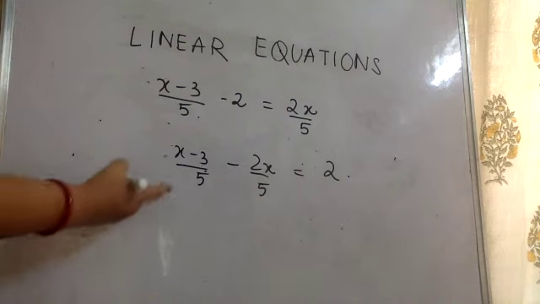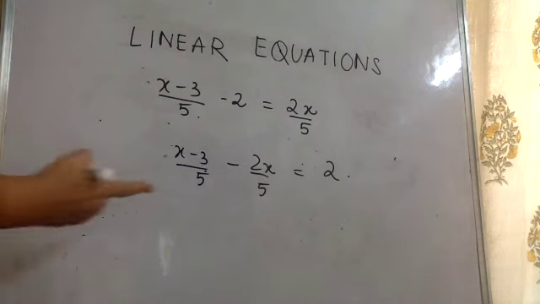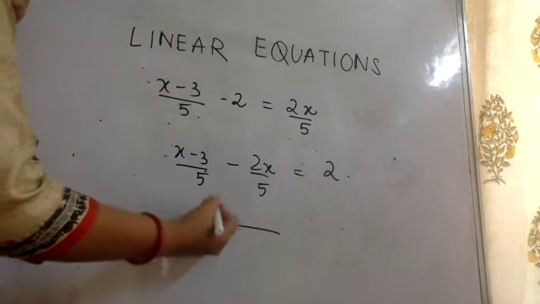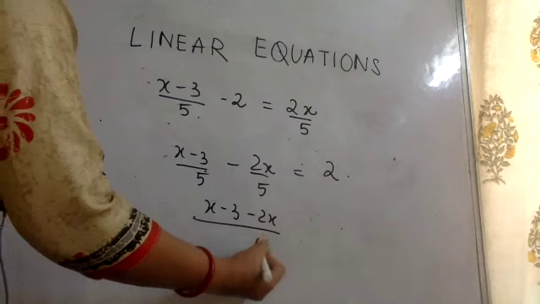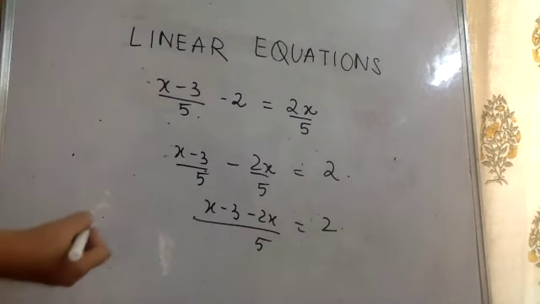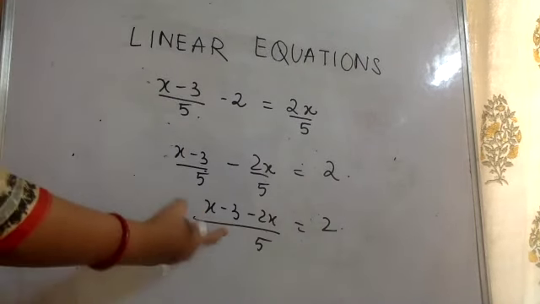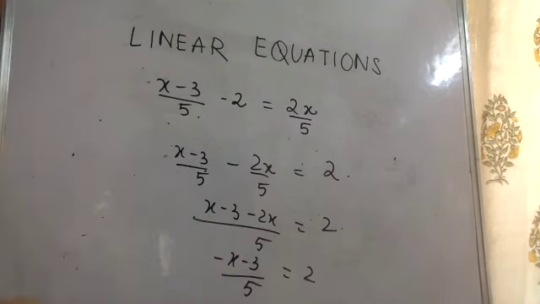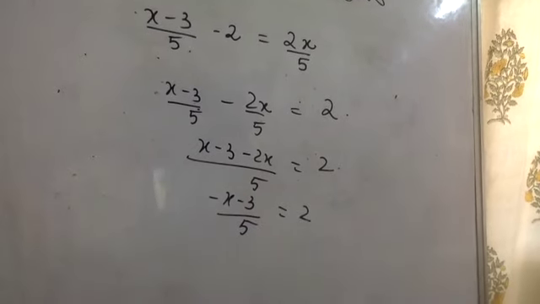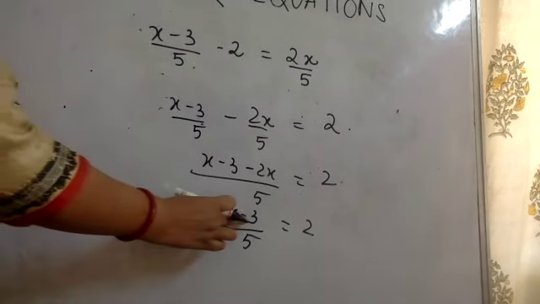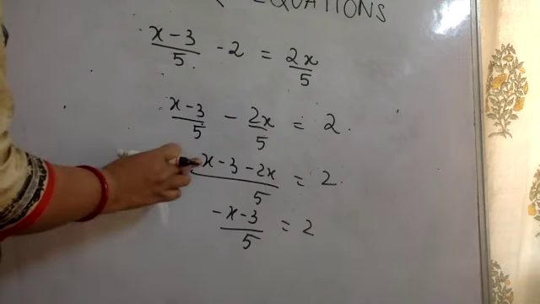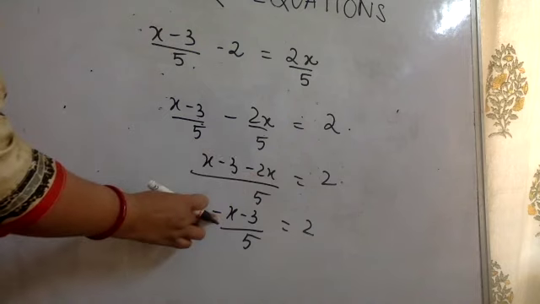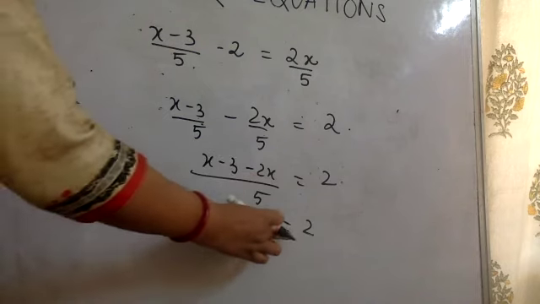Now both of them have the same denominator, so subtraction is not a problem. So here I have x minus 3 minus 2x by 5 is equal to 2. This gives me minus x minus 3 by 5 is equal to 2.